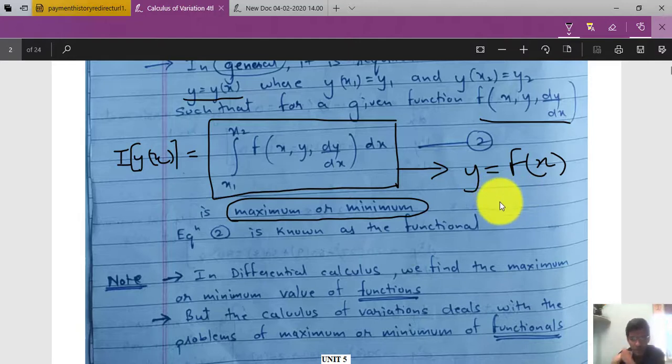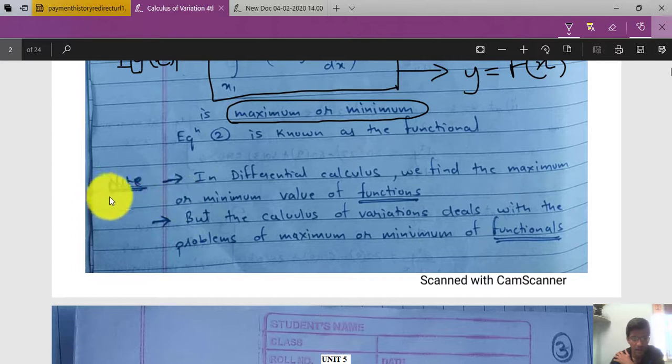For this function, this functional is an extremum, that is, whether it is a maxima or minima. Now we are in the notes section.